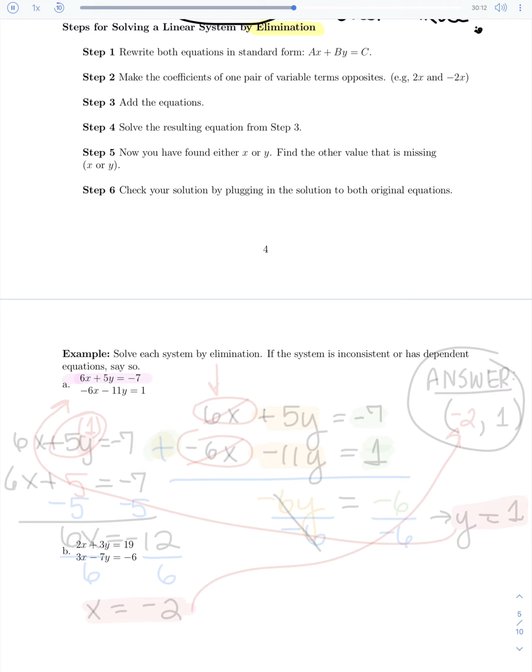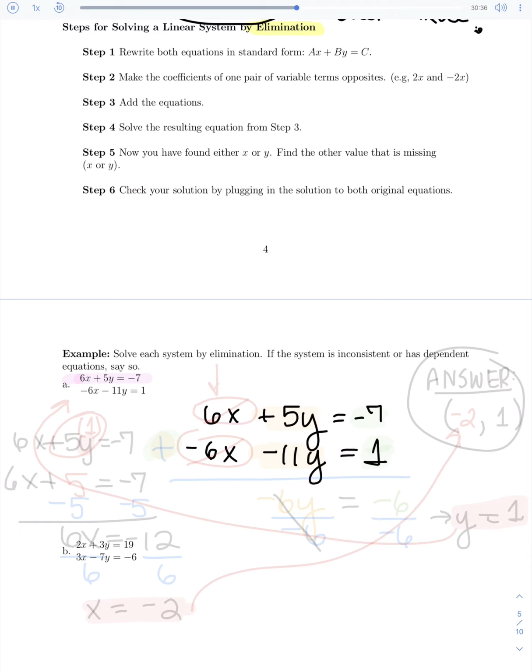Well, here's the idea with elimination. If I write my two equations as is, and like I said, we're lucky this one's already set up, the 6x plus 5y equals negative 7, and the negative 6x on the second equation minus 11y equals 1.